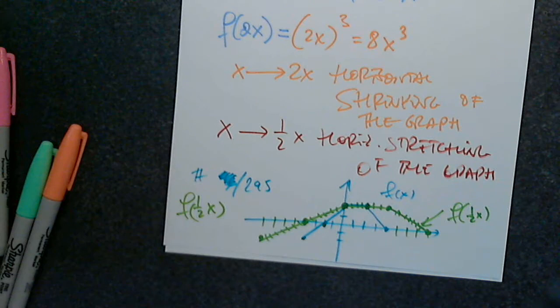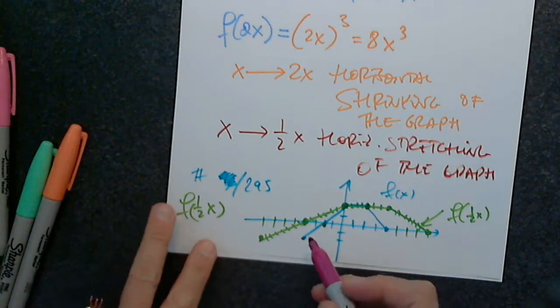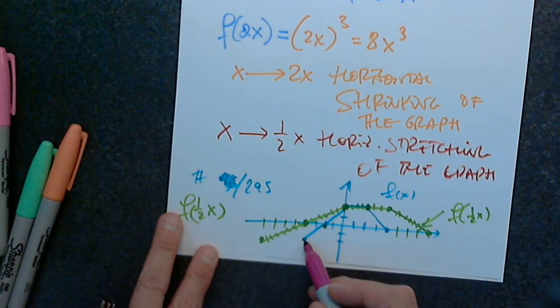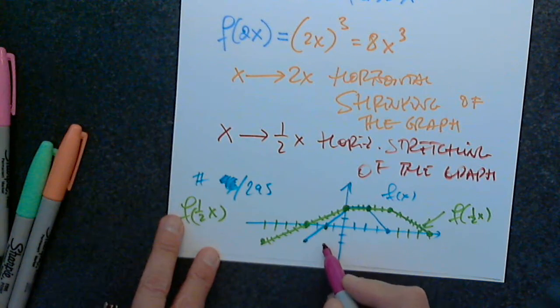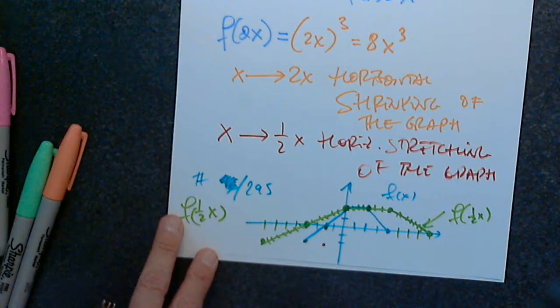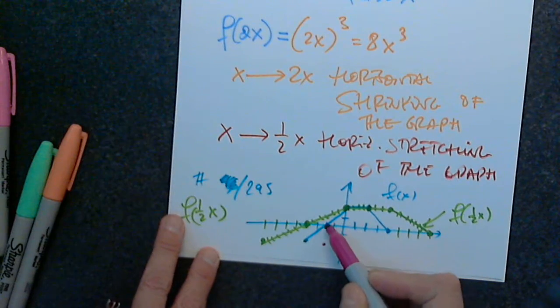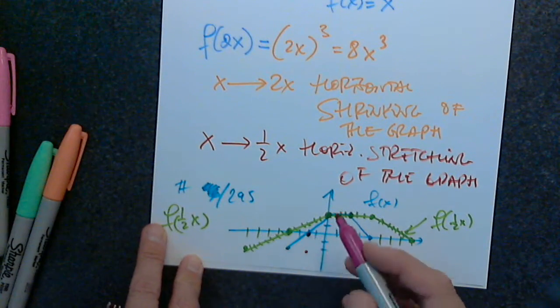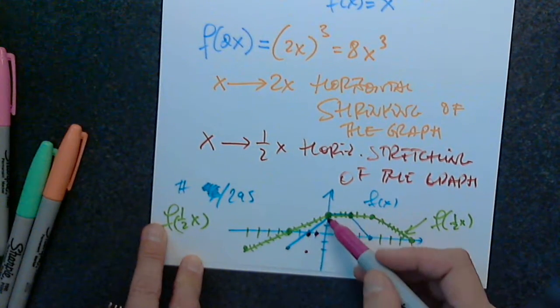What if now we want to graph f of twice x? This x value is at -4. Where will it go? -4 divided by 2 is -2. This point is at -2. Where will it go now? Very good, awesome. This point is at 0.